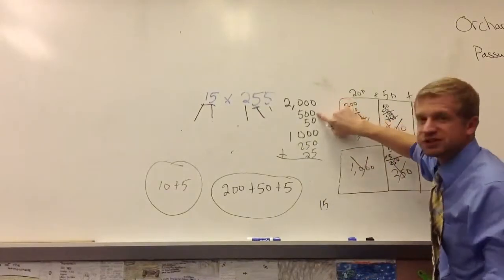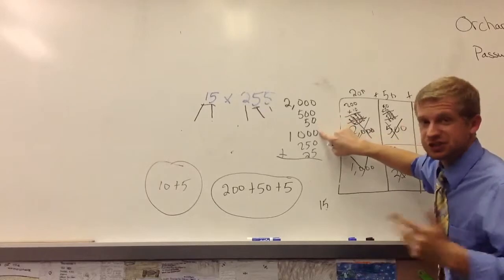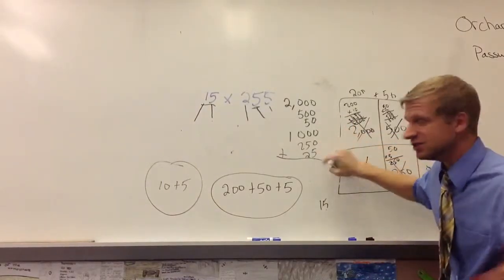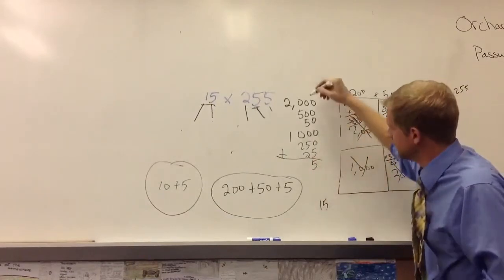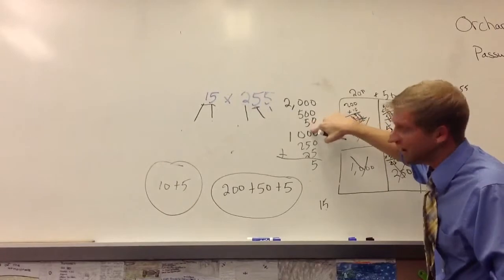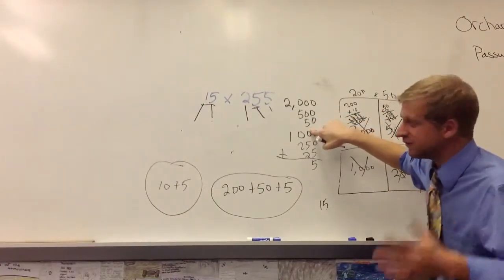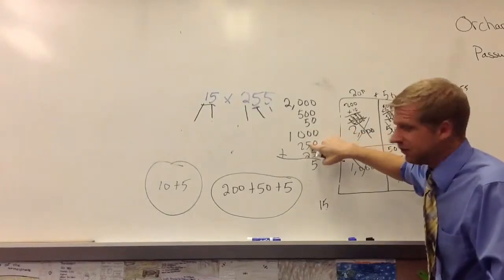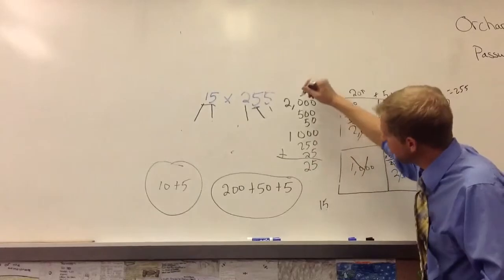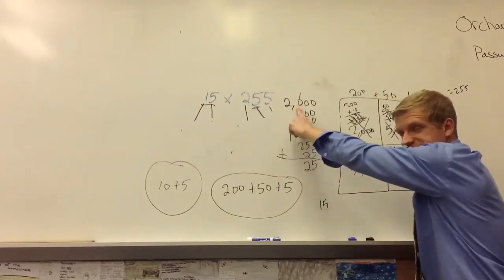Alright, so 0 plus 0 is 0. Plus 0 is 0. Plus 0 is 0. Plus 0 is 0. Plus 5 is 5. Now 0 plus 0 is 0. Plus 5 is 5. 5 plus 0 is 5. 5 plus 0 is 5. Plus 5 is 10. 10 plus 2 is 12. Write the 2, carry the 1. 1 plus 0 is 1.